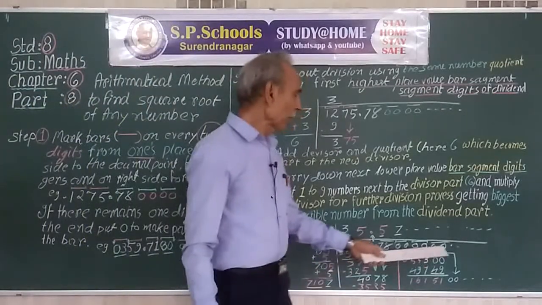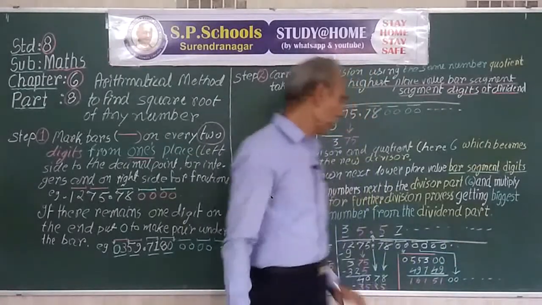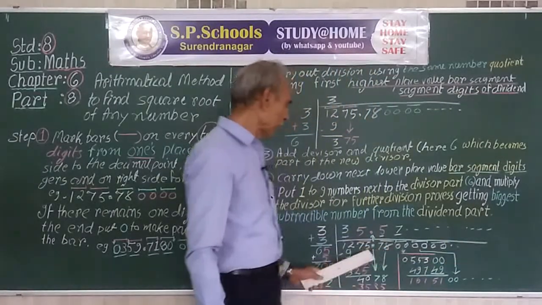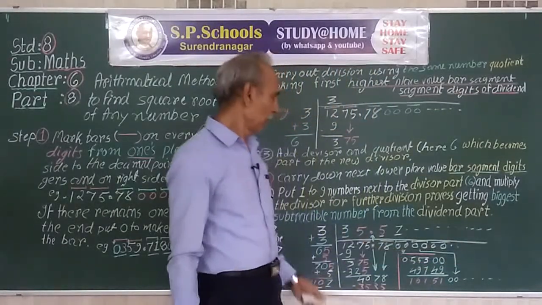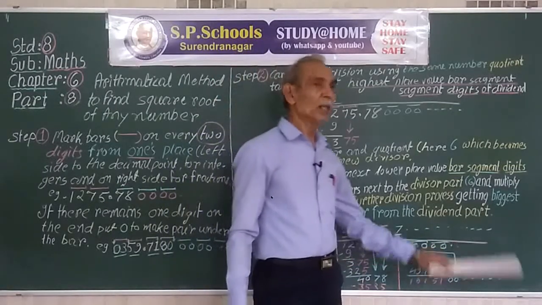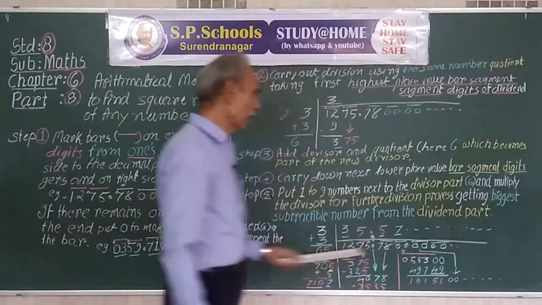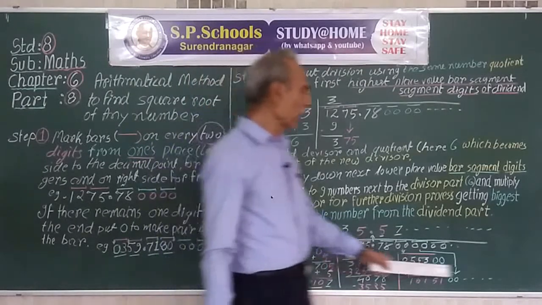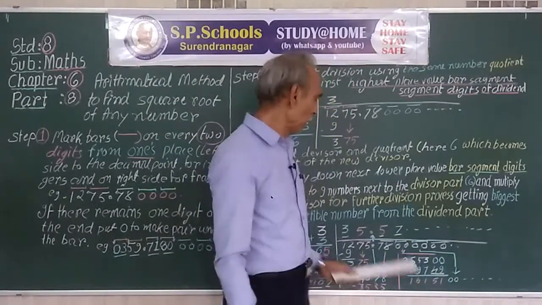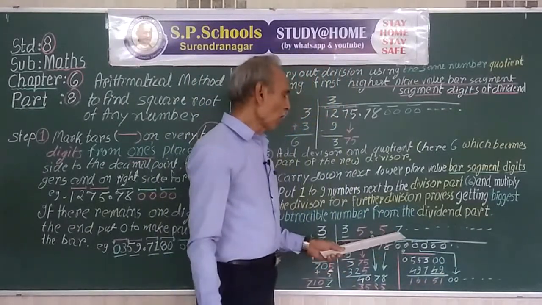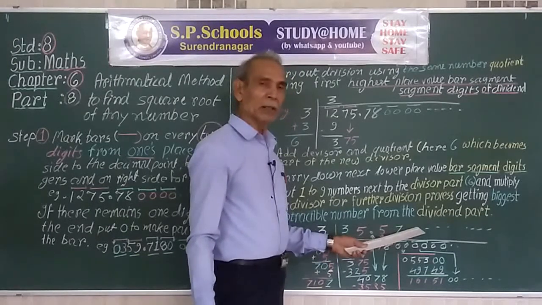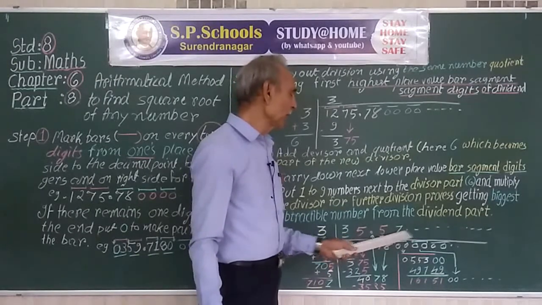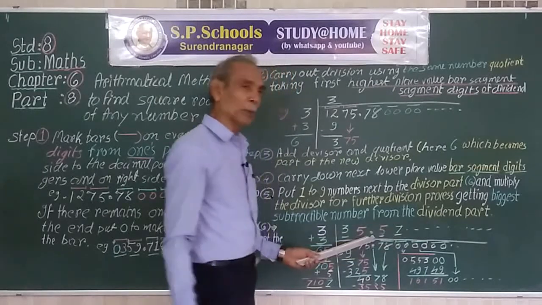Now we can put as many zeros next to the last digit after the decimal point, which do not change the value of the given number, and we can go on carrying on the division process to get one after the other decimal place values for the root.